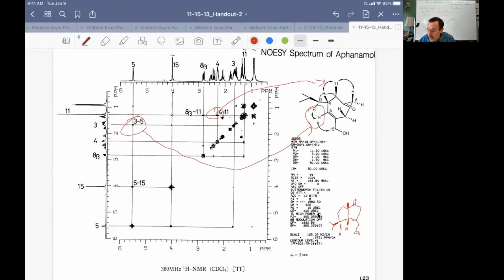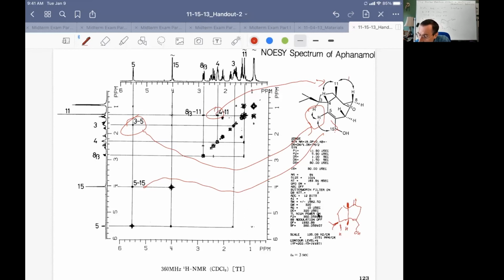And then you see a few additional NOEs that aren't as diagnostic. Here we don't really have a question of stereochemistry, but we see the CH2 group next to the hydroxy group giving an NOE to the alkene. And this is sort of cool. This tells us about conformation.